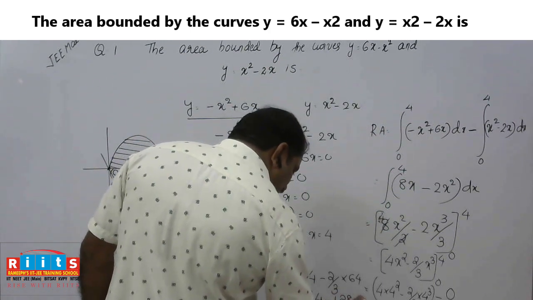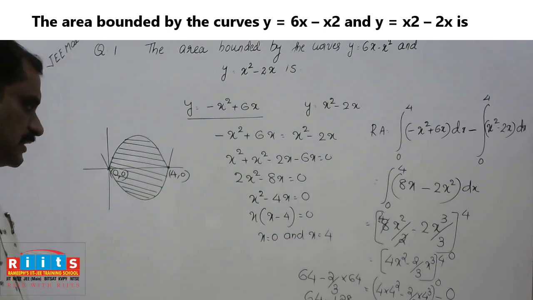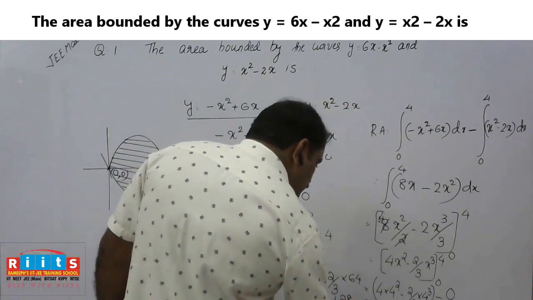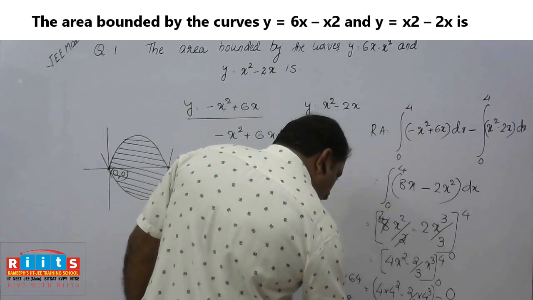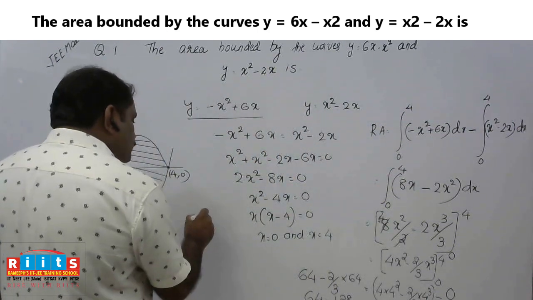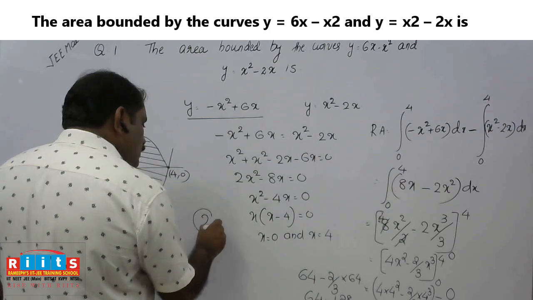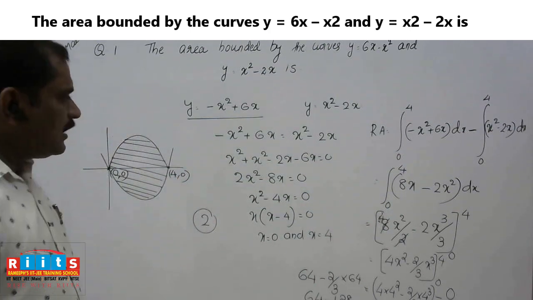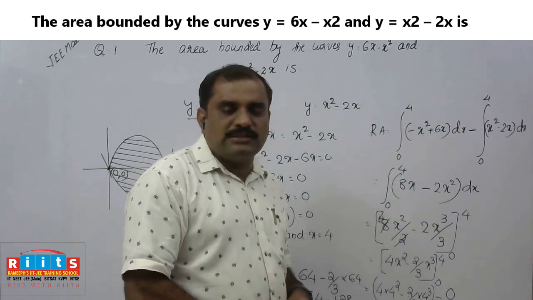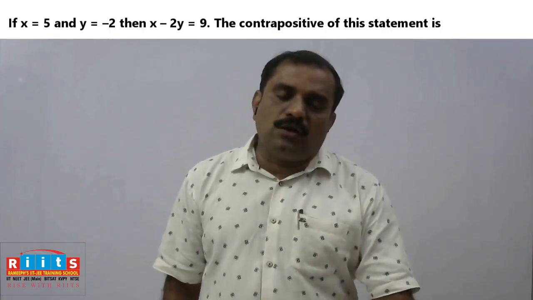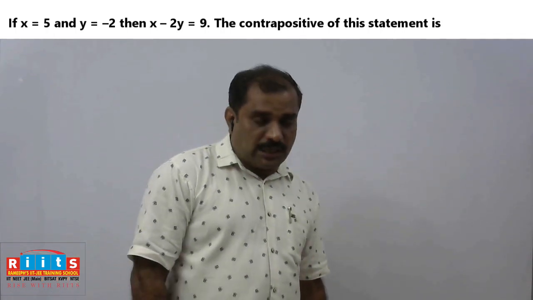Then we get the final answer 64 by 3. So the right option is the second option, option 2. So the required area is equal to 64 by 3. Is it okay, students? Friends, our second question is related to mathematical logic.